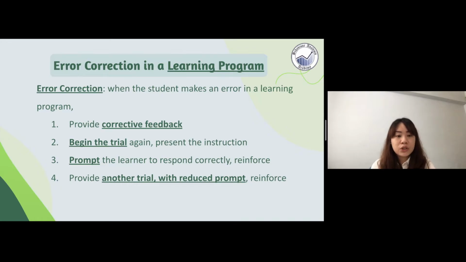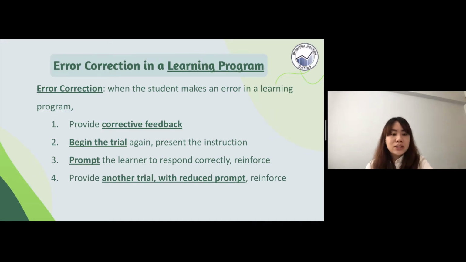So you stop the trial immediately when they give you an incorrect response, then you provide the feedback, and then go back to begin the whole trial again, meaning you present the instruction again. Once you have presented the instruction, there is a possibility that the child may make another mistake, or may not respond.